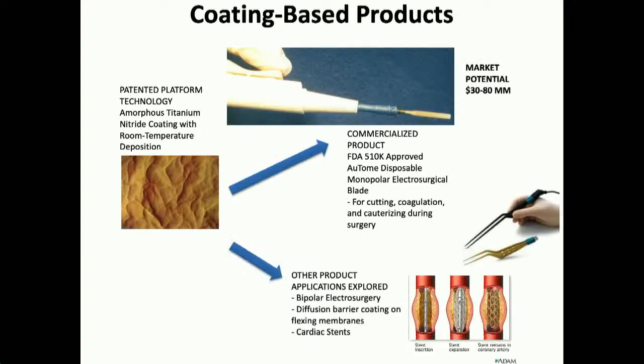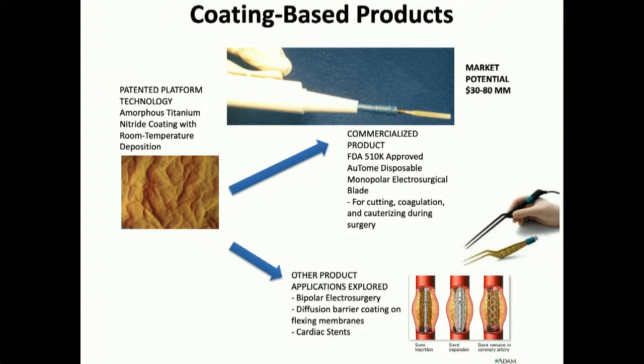Just to give you a flavor here, I know my blurb talked about the electrocautery. We developed a titanium nitride coating, which I co-patented as a biocompatible material for the blood pump.